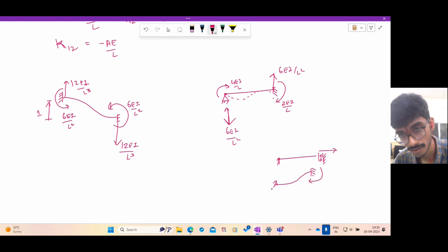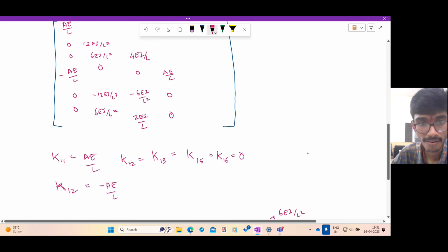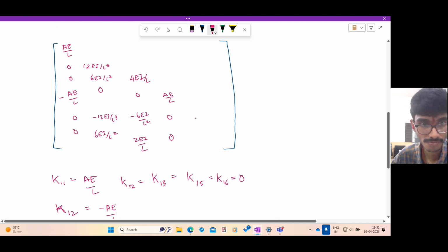We know the moments that are generated are clockwise, 6 EI by L square delta. And we have the reaction forces. So these are clockwise, which means the reaction forces should work anti-clockwise. So 12 EI by L cube. So here you have a minus 12 EI by L cube.